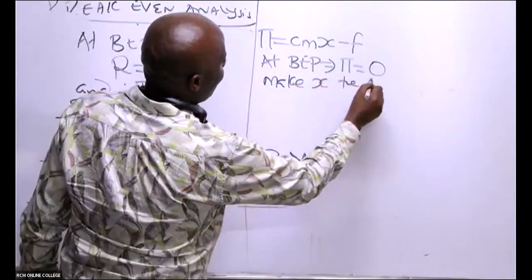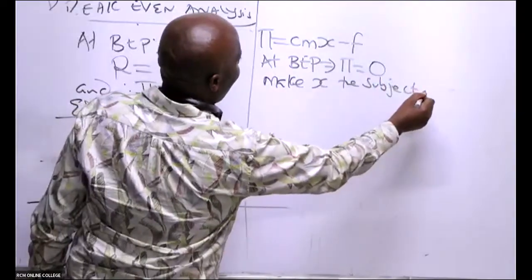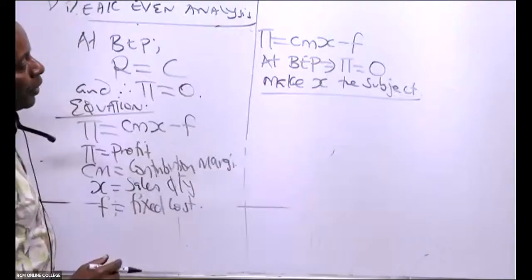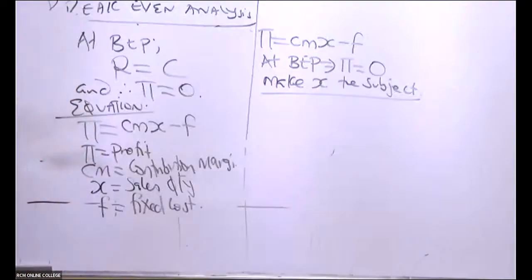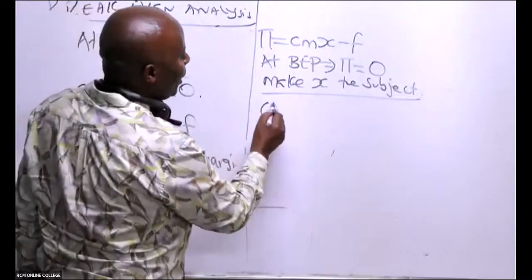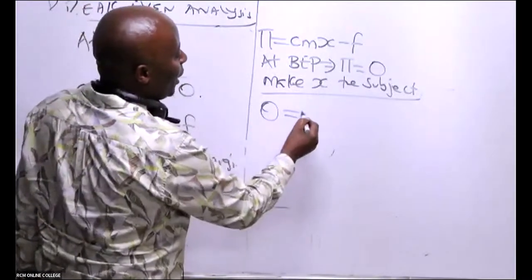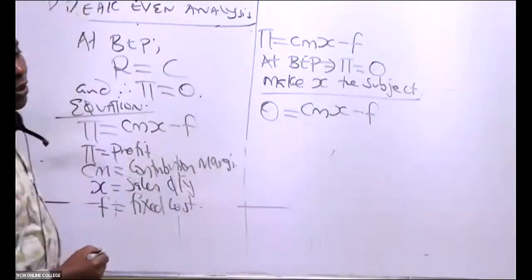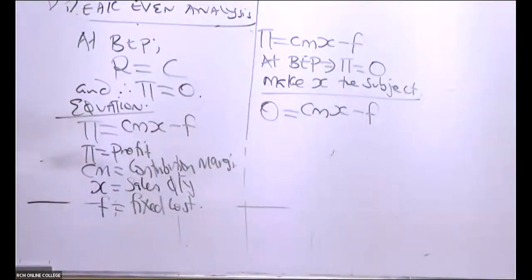Our pi will be zero, equals CMX minus fixed cost. So make X the subject of the formula.